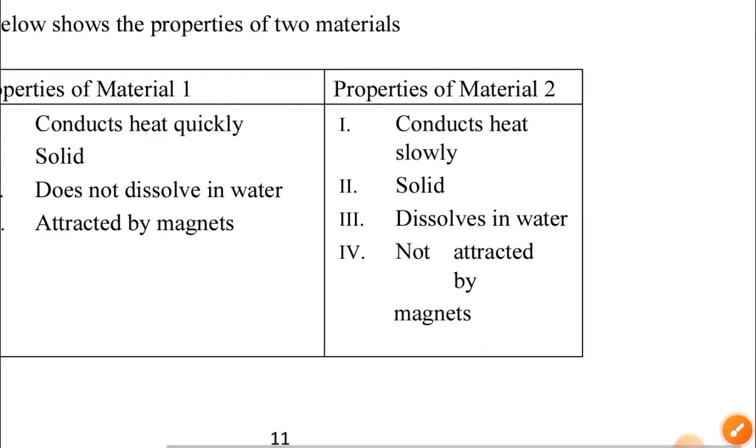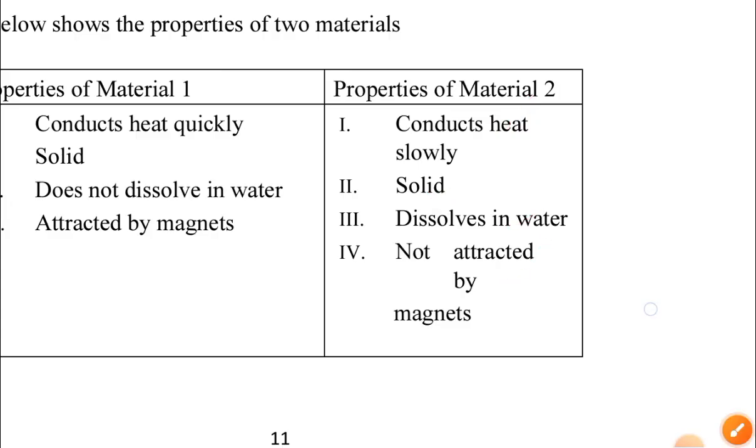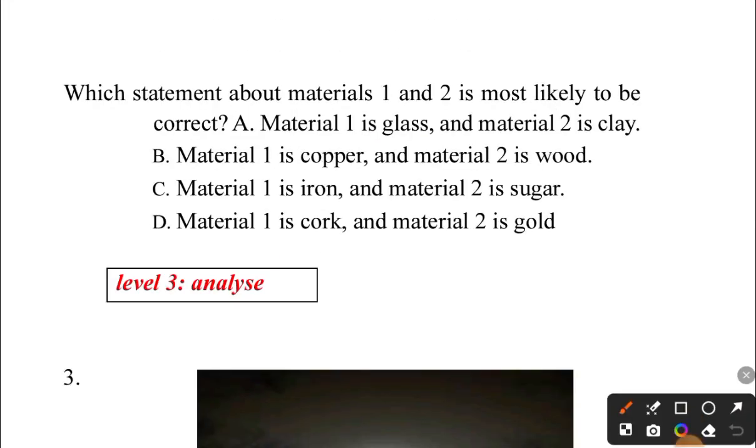Then material 2 is sugar: conducts electricity slowly, is a solid, dissolves in water, and is not attracted by magnets. So the answer to question 2 is C.